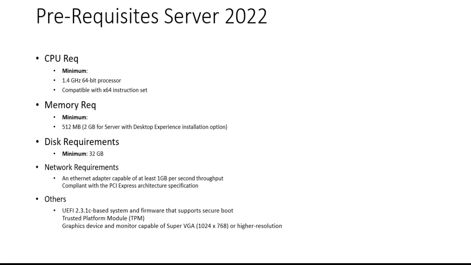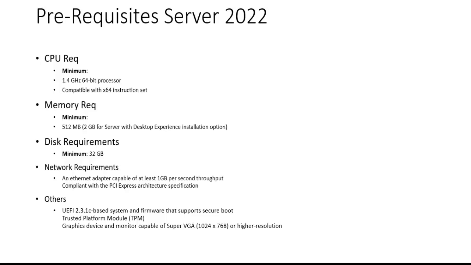The minimum memory required is 512 MB for Server Core, but if you need to install with the desktop experience, you need 2 GB of memory. Minimum disk requirement is 32 GB. For network requirements, you have to have at least a 1 GB Ethernet card. If you have some older legacy one, that's not going to work, and it has to be PCIe compliant.